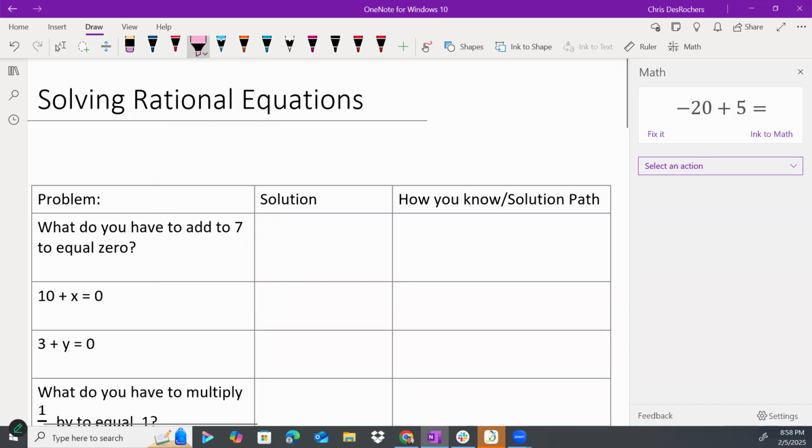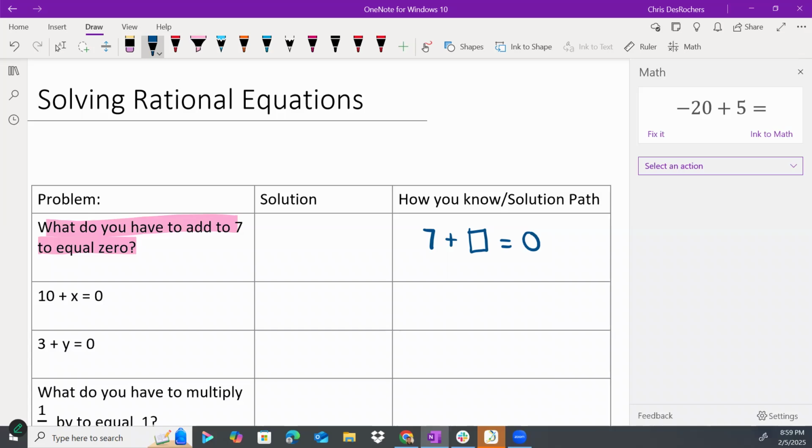We have a problem, and we're going to put our solution here, and we're going to show how we know our solution path right there. Our problem first is, what do you have to add to 7 to equal 0? So we have 7, and whatever we add to it is going to add up to the sum of 0.